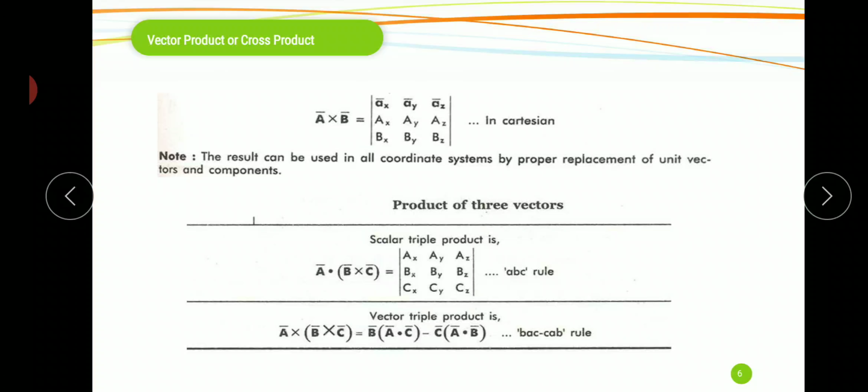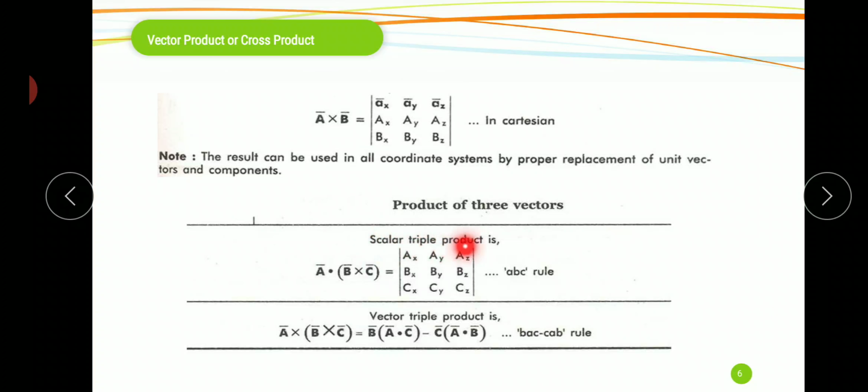So these are the formulas in case of a product of three vectors. Here it is called the scalar triple product. The scalar triple product is A bar dot B bar cross C bar. This is the formula: the determinant of AX, AY, AZ, BX, BY, BZ, CX, CY, CZ.